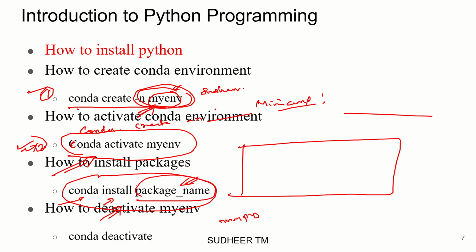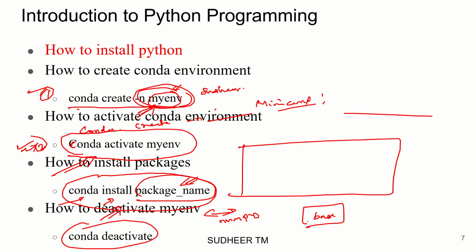Then once you have finished your programming, you want to quit from your environment so that others will not come and work within your environment. You can just deactivate: conda deactivate. No need to specify which environment it is; whichever environment is active will be deactivated, and generally conda will be in the base environment.